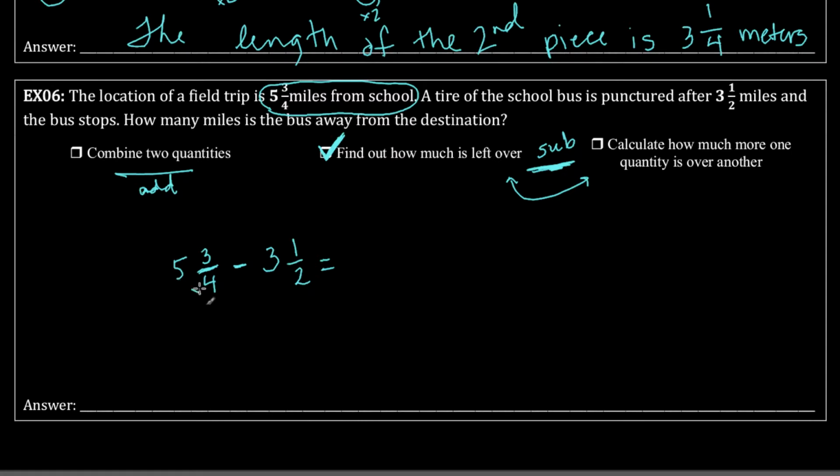So let's Texas method this up. 4 times 5 is 20, plus 3 is 23. I should write this over here. 23/4. Texas method this one up. 2 times 3 is 6, plus 1 is 7 halves. I don't want to do anything fancy. Let's just make fourths, because this one's good already. We just have to change 7 halves. 7 halves is how many fourths?